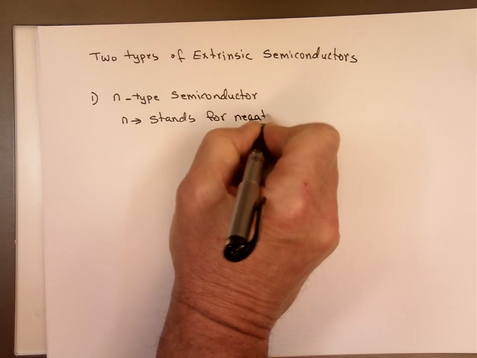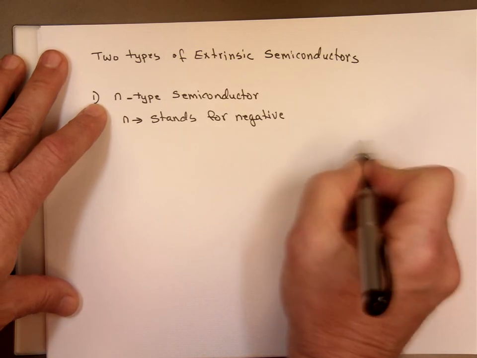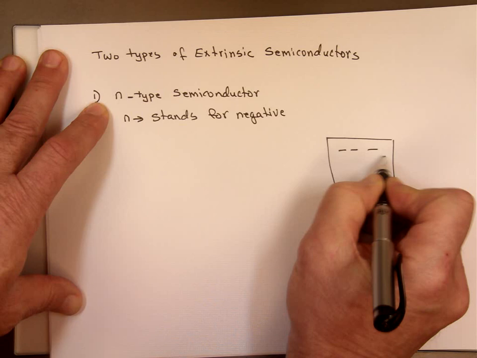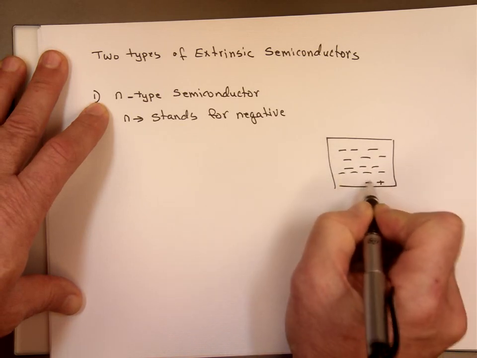That's why it's called the N-type. And what happens here is basically you have a silicon chip like this with more negative charges on the inside than the positive charges. We have a lot more negative, and there's a few plus charges.